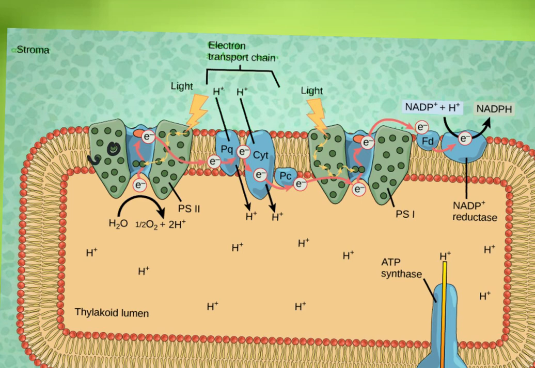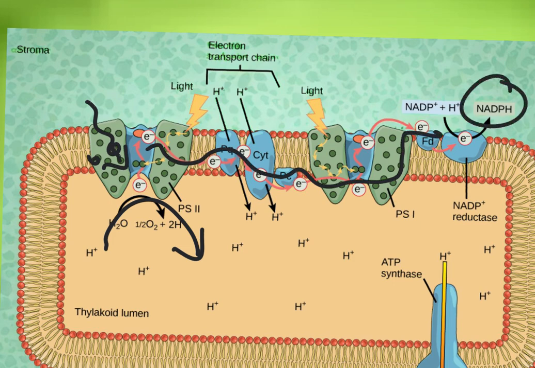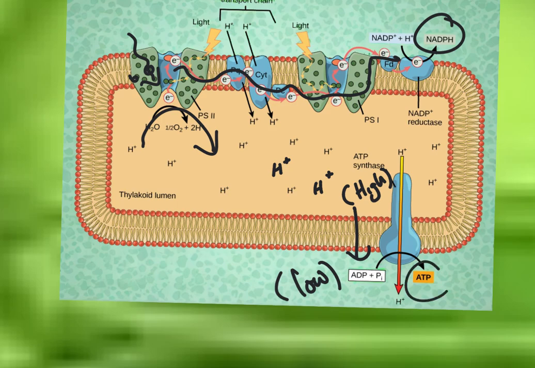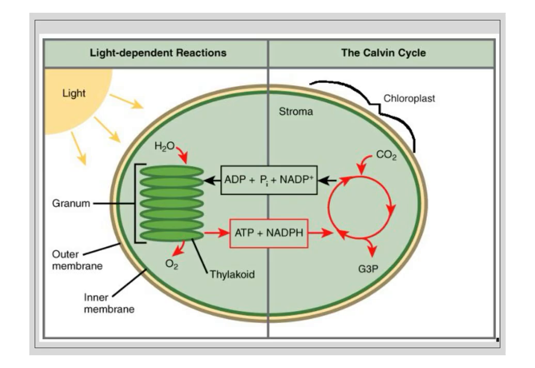Here's my chlorophyll. They absorb the energy. They break apart water. They transfer that electron into our high electron carriers. And as a result, the buildup of hydrogens in here goes from an area of high concentration to that of a low concentration. And as a result, this wonderful protein makes our energy. We'll come back to this, ATP, okay?